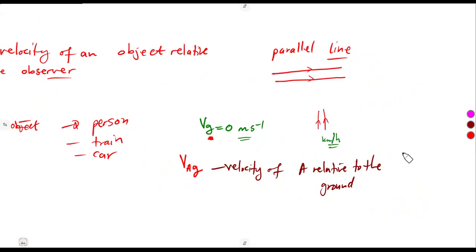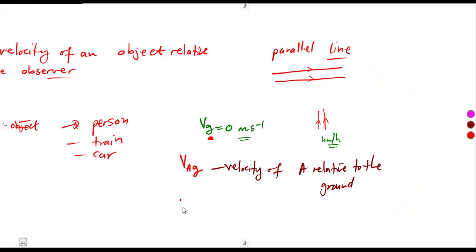The question will be giving you the velocity of A, the velocity of B, the velocity of a car, the velocity of a train. That velocity you are given means it is our velocity of A with respect to the ground, or B with respect to the ground, because there is no effect. The ground is at zero.